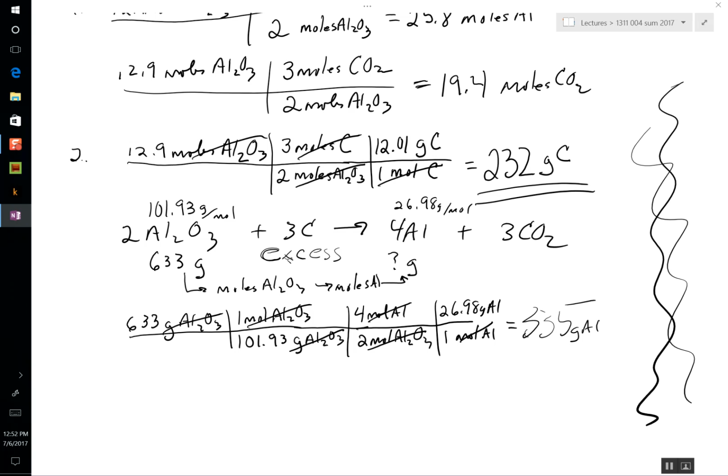Now you can see this word right here. How many grams of aluminum can be produced? So on number 3 here, we are talking about theoretical yield.